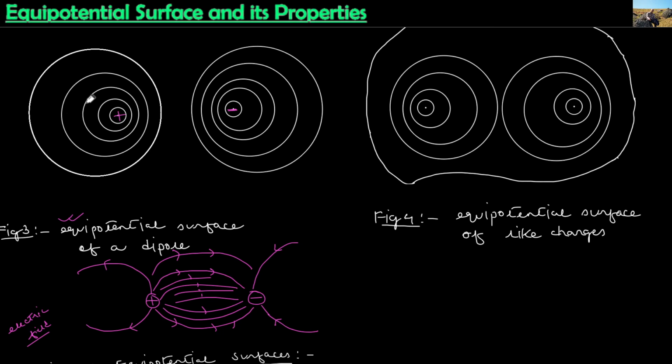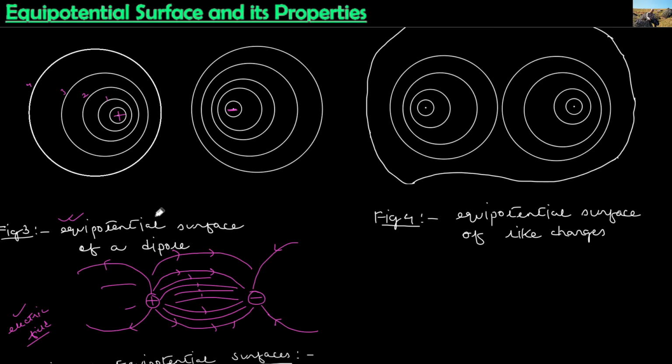If I name these equipotential surface 1, equipotential surface 2, equipotential surface 3 and equipotential surface number 4, then farther from the charge, the electric lines of force are quite farther apart. And between these two unlike charges, which form a dipole, the electric lines of force are very close, and all these equipotential surfaces are also very close to one another.